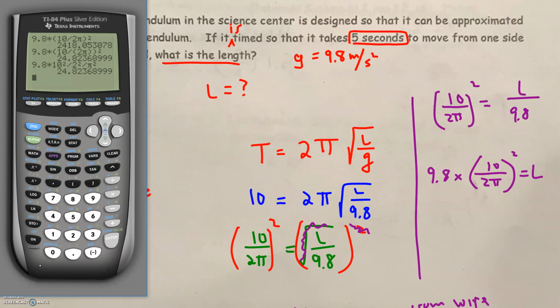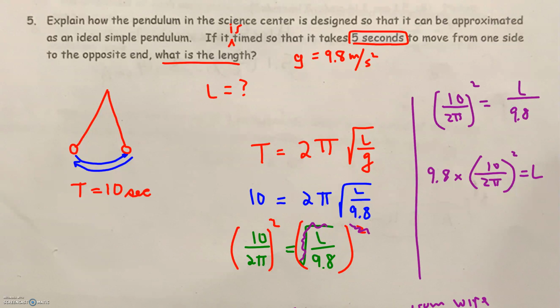And this gives the exact same answer, 24.8. Is that the length? Oh, we don't have an answer on this one. 24.8. What's my unit? This is in meters per second squared. This is in seconds, and I square it, so it's now seconds squared. So the per second squared and the second squared cancel, and this is just meters.